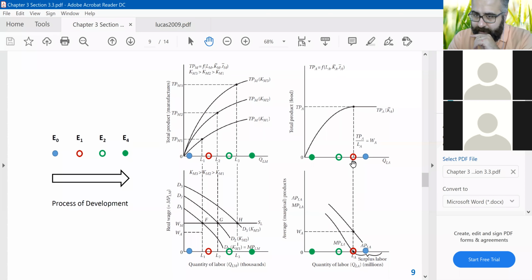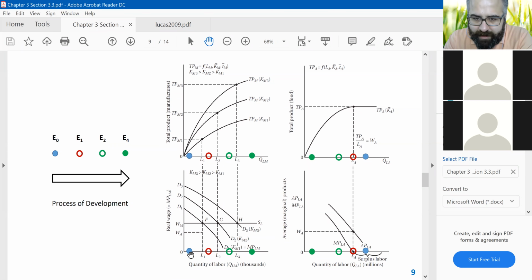So there is surplus labor, as you see. The difference between the red circle and the blue one is the surplus labor in agriculture. How do I know that? Well, there is zero marginal productivity here for these people.